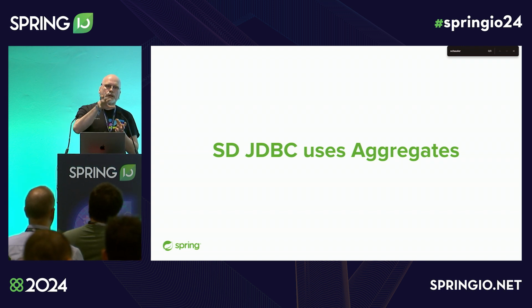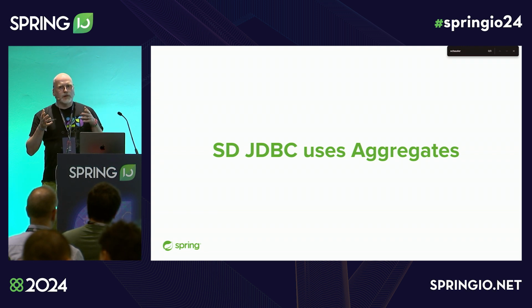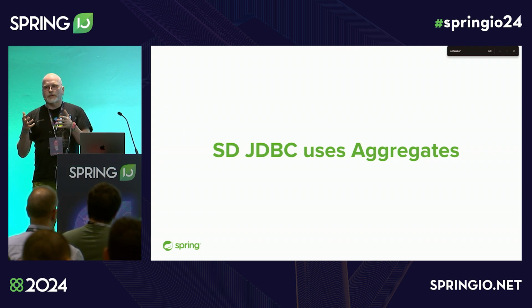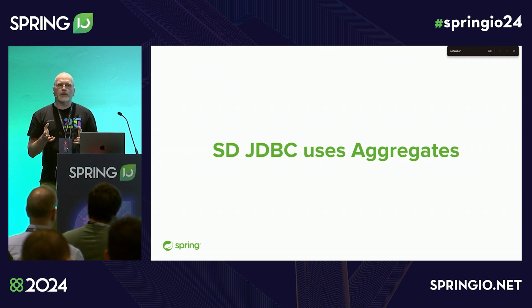And if you want to manipulate these inner classes, you always do that through the aggregate root. And Spring Data JDBC uses that in a very important way. The aggregate is the unit that Spring Data JDBC uses for persisting and loading data.